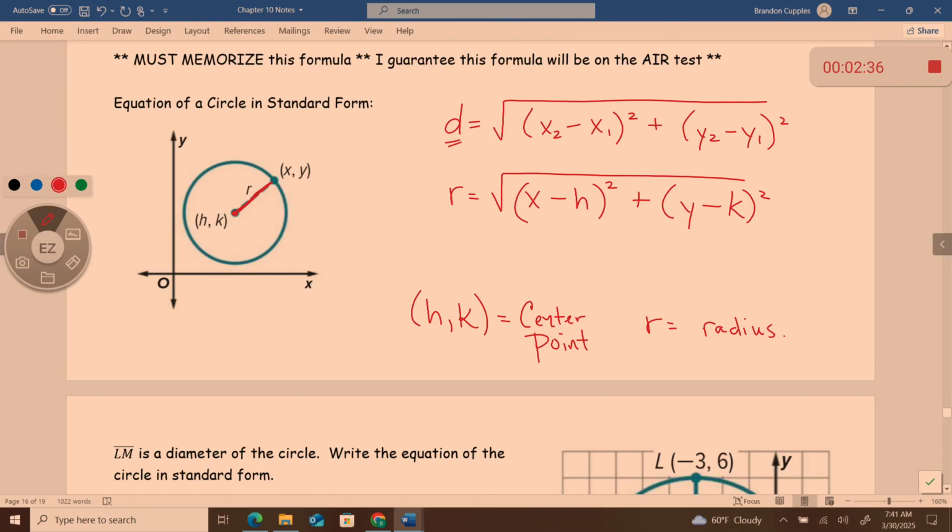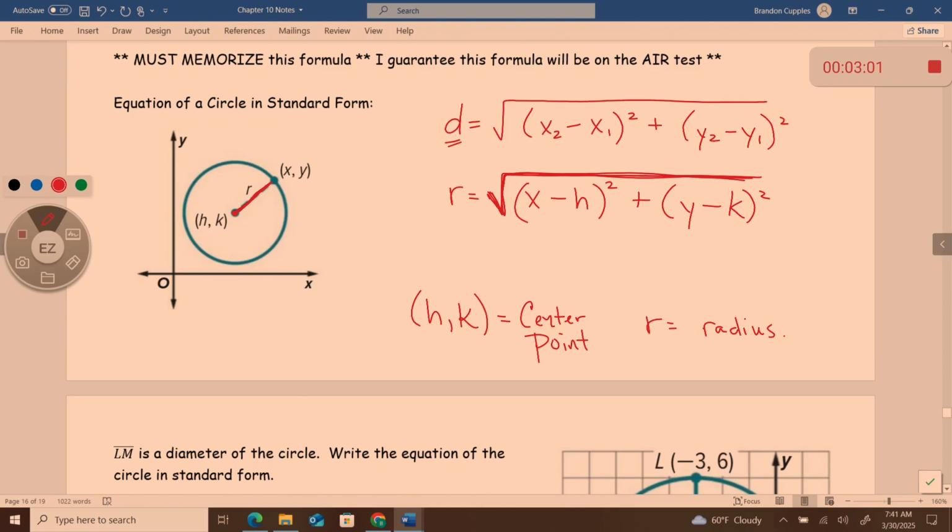Now, if you were to look up the circle equation in any textbook, or Google it, it wouldn't look like the formula that I have on the board here, because they undo this square root. How do you undo a square root? You square both sides.